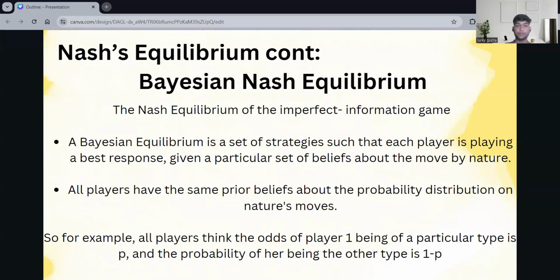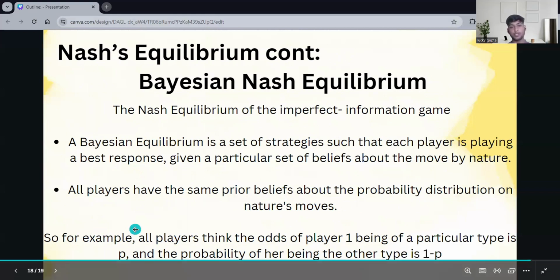We have only a belief about what the opponent is going to do, not certainty. That's why we call it Bayesian: we don't have certainty about it, it's just a belief or a view.